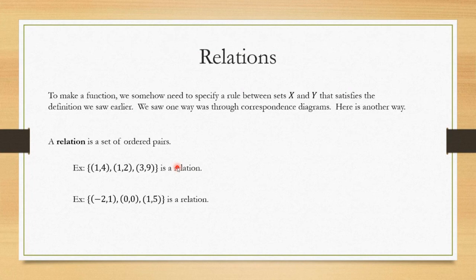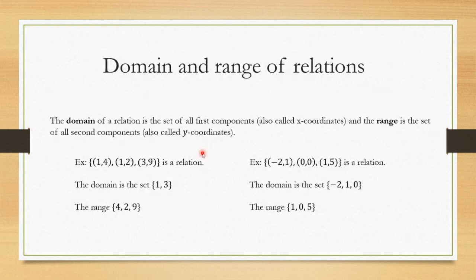Now, building on this, relations alone can have domains and ranges. The domain of a relation, by definition, is all the first components, that is, all the x coordinates, the first numbers in each ordered pair.